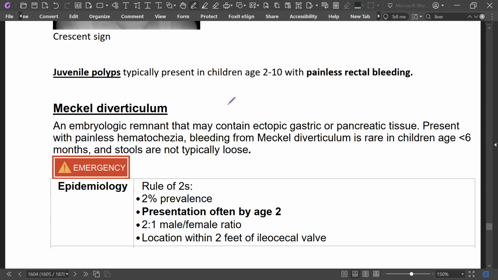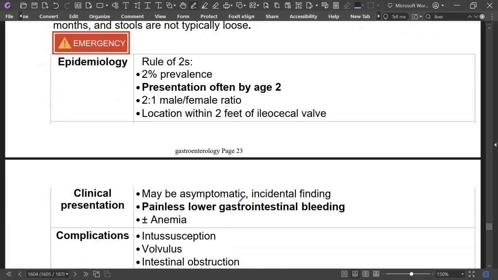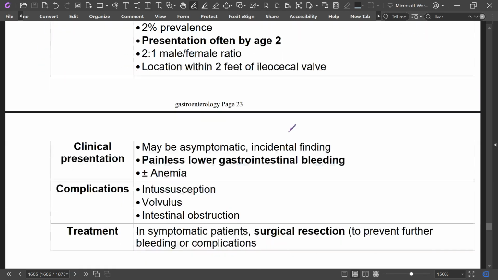Now, Meckel's. If you talk about juvenile polyp, it is in children around age 2 with painless rectal bleeding. Meckel's diverticulum is a very high yield topic. It is the rule of 2s: presentation often by age 2, 2 to 1 male to female ratio, location 2 feet from the ileocecal valve.